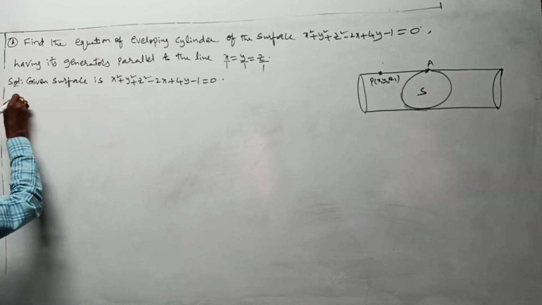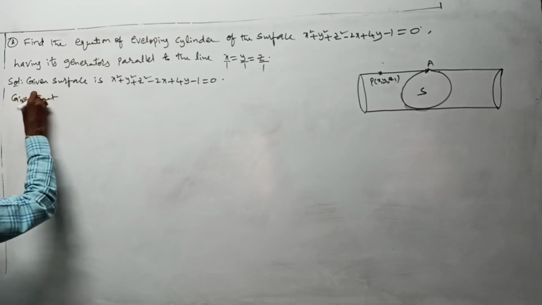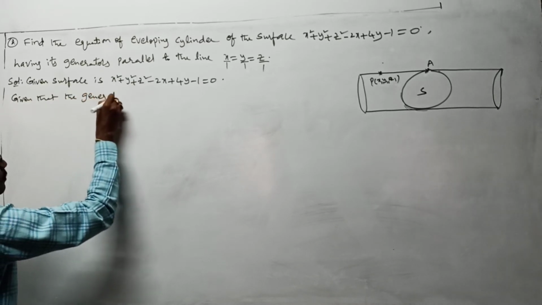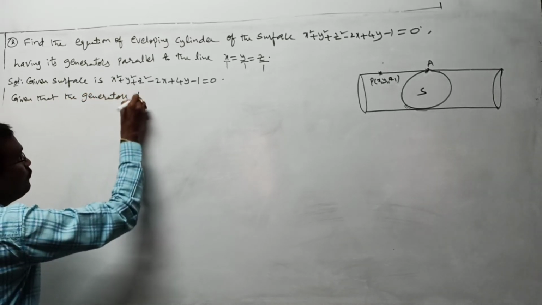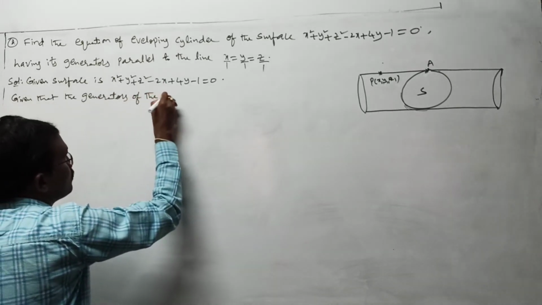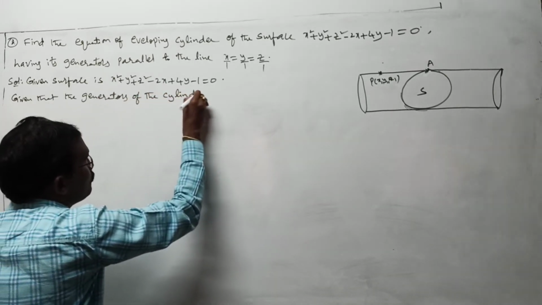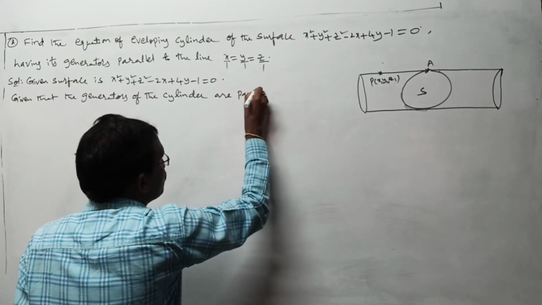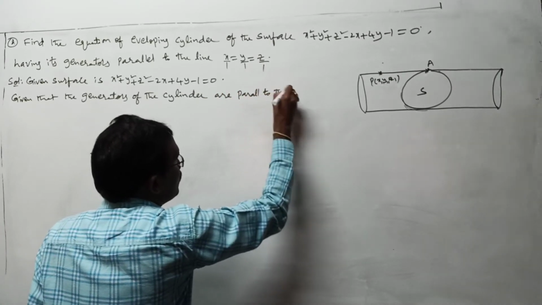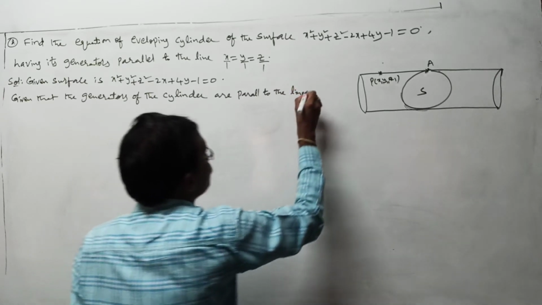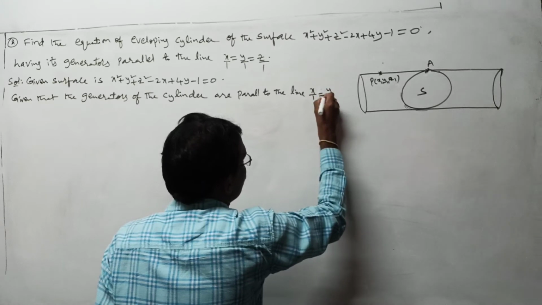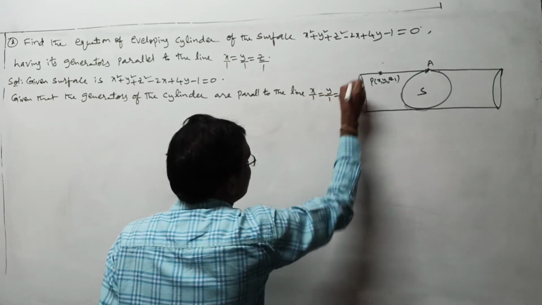The other given condition: the generators of the cylinder are parallel to the line x equal to y equal to z, that is x by 1 equal to y by 1 equal to z by 1.